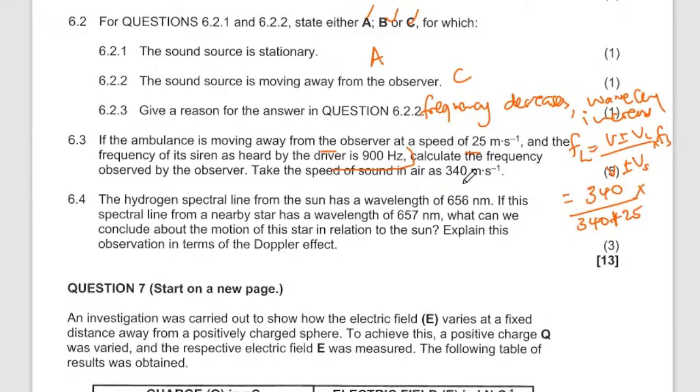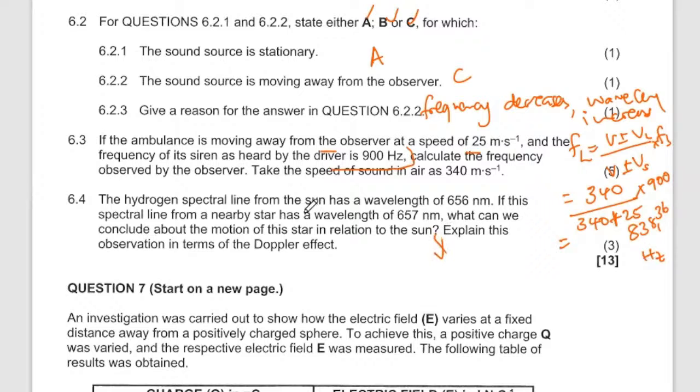Then multiply by the frequency of the source, which is 900. Okay, so 340 over 340 plus 25 times the 900, we get 838.36 hertz.